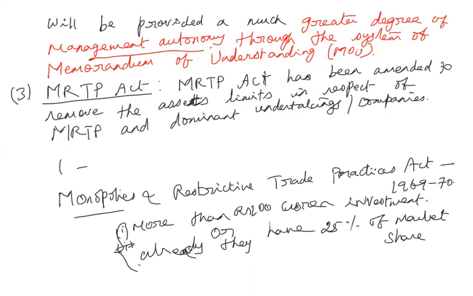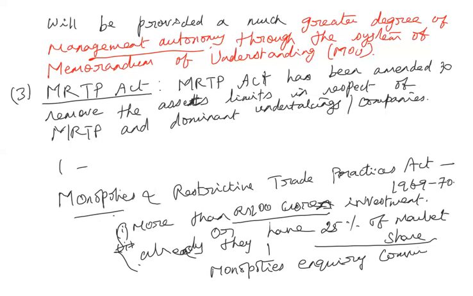So if any private sector company is found to already have 100 crores of investment in plant, or already has 25% of the market share, and if these companies want to expand their business further, because they are already a monopoly, they will be referred to a commission. The government appointed a commission known as the Monopolies Inquiry Commission.